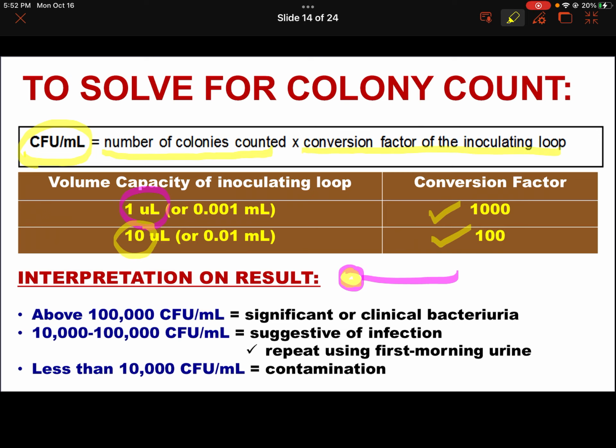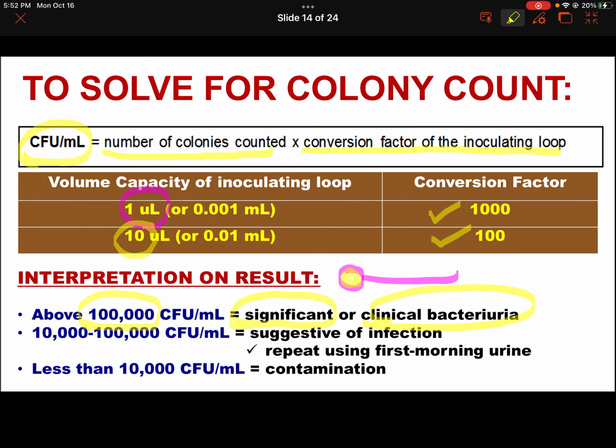And how do we interpret? If you have counted greater than 100,000 CFU per mL, it is a significant clinical bacteriuria. Of course, you have to report it.